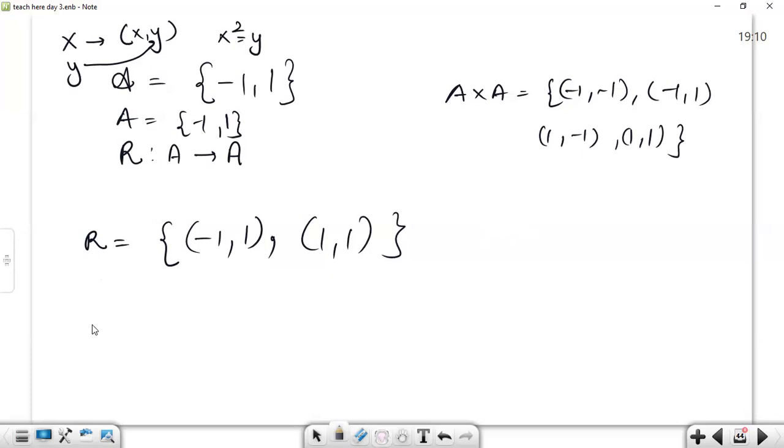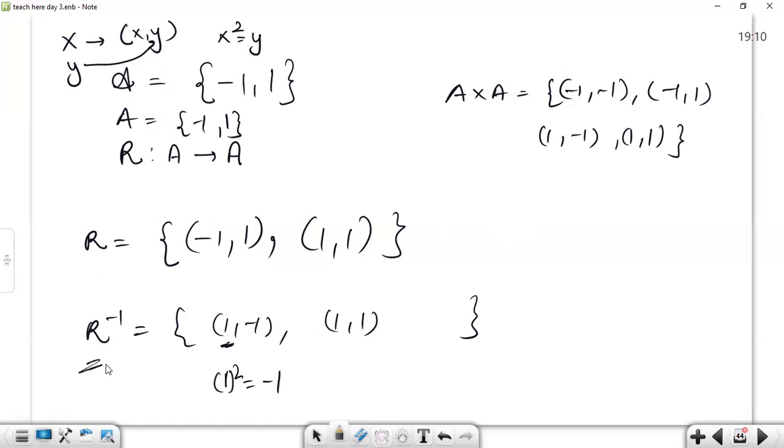If we have to find its reverse relation, according to our learned method, we just reverse the numbers. But here the inverse relation is not going to satisfy, because the square of the first element, 1 square, is not going to equal minus 1.